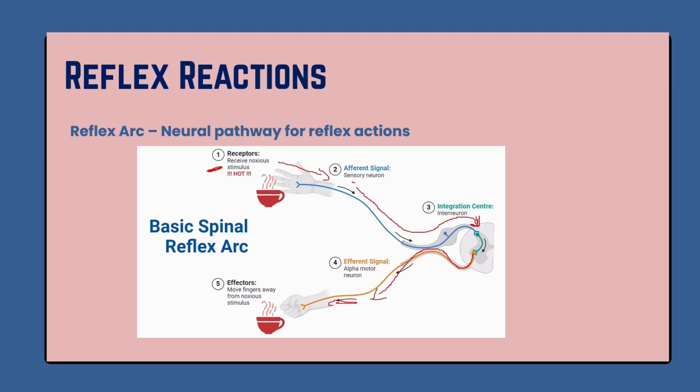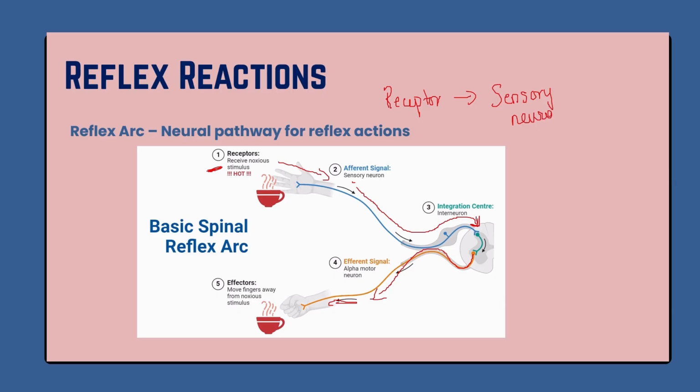Alright, so the neural pathway for this reflex action starts from the sensory receptors, then to the sensory neurons or the afferent neurons, and from the sensory neurons to the spinal cord, from the spinal cord to the motor neurons, and finally to the effector, which is your skeletal muscle. Okay, again, how does the flow go? Receptor, then sensory neuron, right?